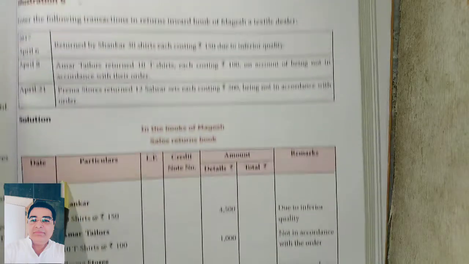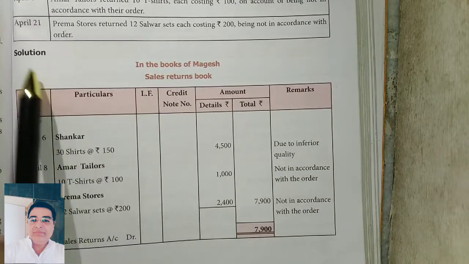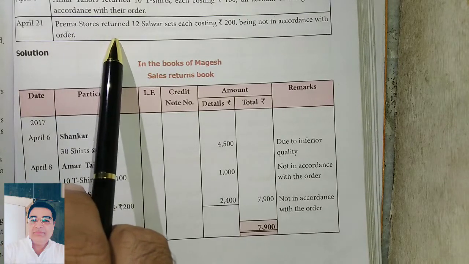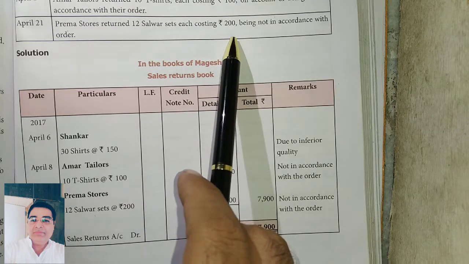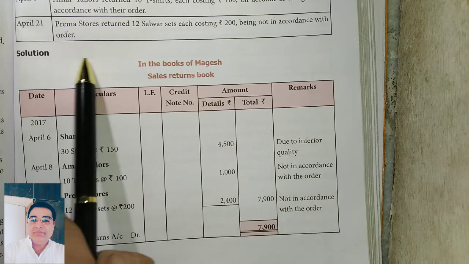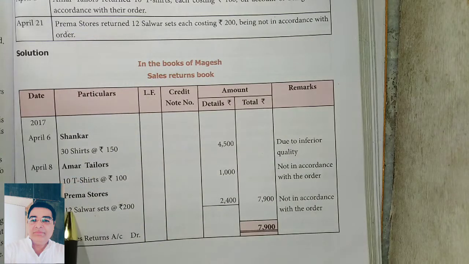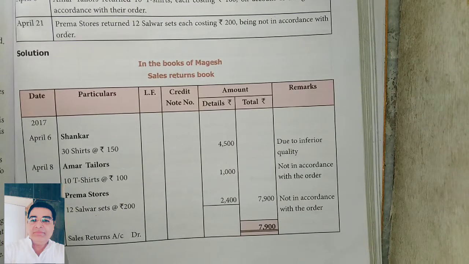Next, April 21. Prema Stores returned 12 salwar sets, each costing rupees 200, being not in accordance with the order. So which store? Prema Stores. So first you have to write Prema Stores opposite your date.